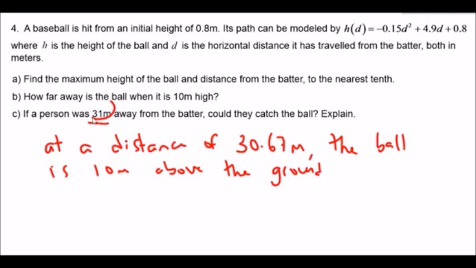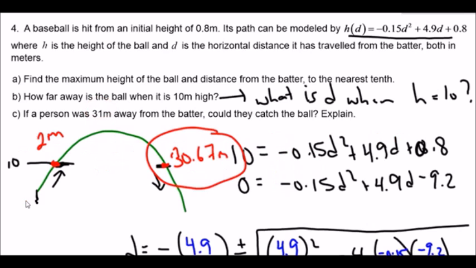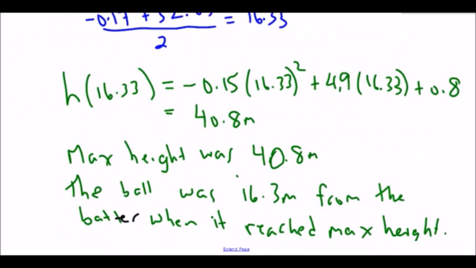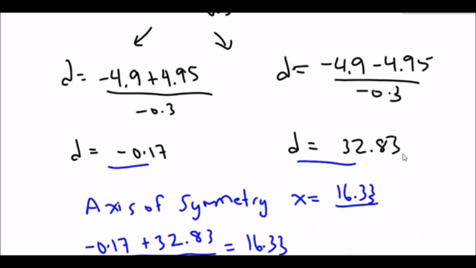Right? So this is 31, and this is not quite 31, and it's 10 meters above the ground. We also know from part A that the ball hits the ground at, what distance does the ball hit the ground? At this number, 32.83.